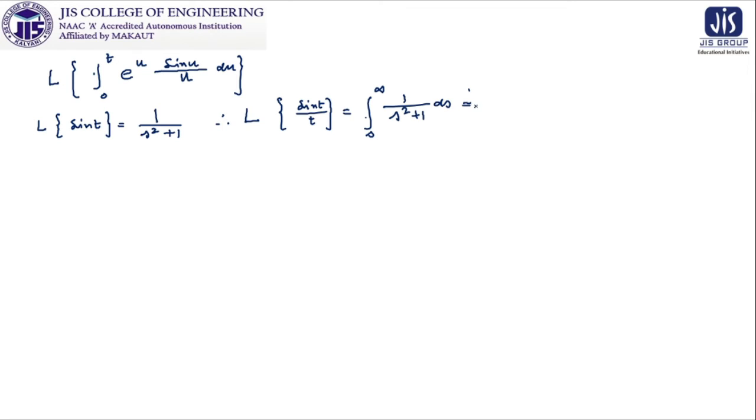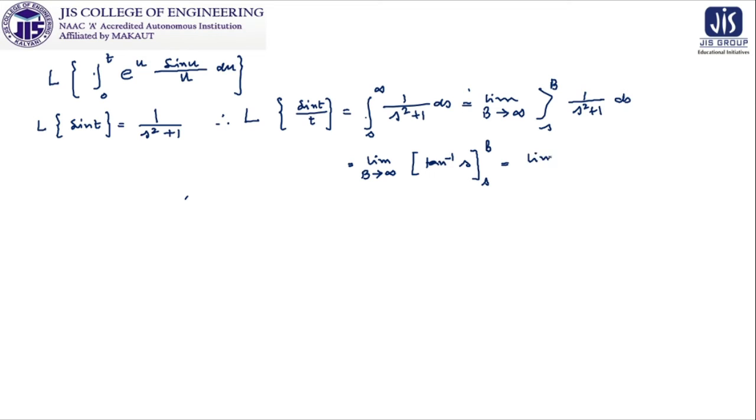Now this improper integration will first be solved with the formal technique. Limit b tends to infinity, integration s to b, 1 by s square plus 1 ds. So in the next line we can write it as limit b tends to infinity tan inverse s from s to b.